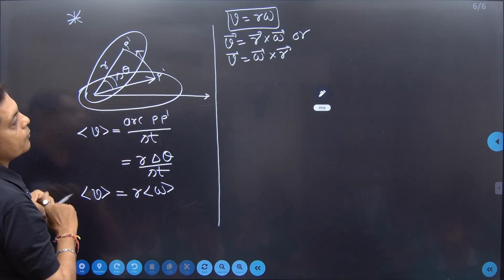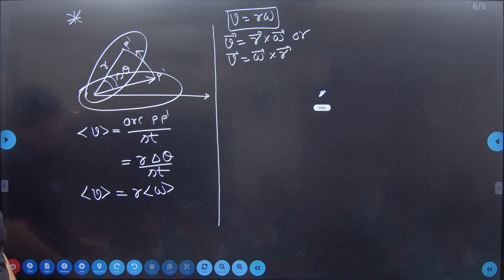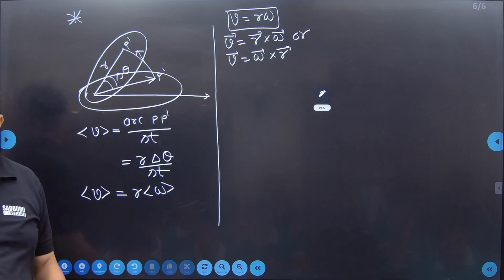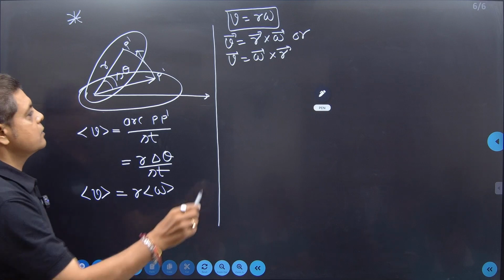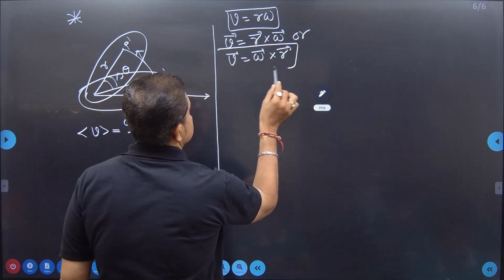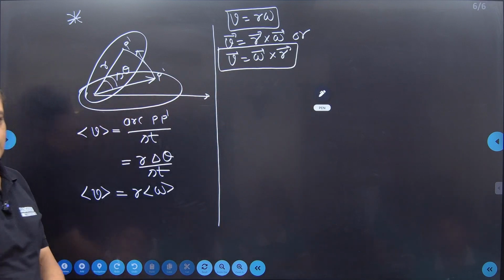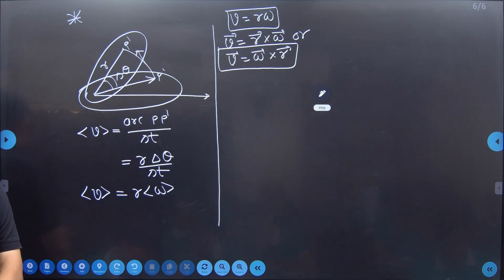So the direction of omega cross r and the direction of v are the same. So the vector relation is v equals omega cross r.